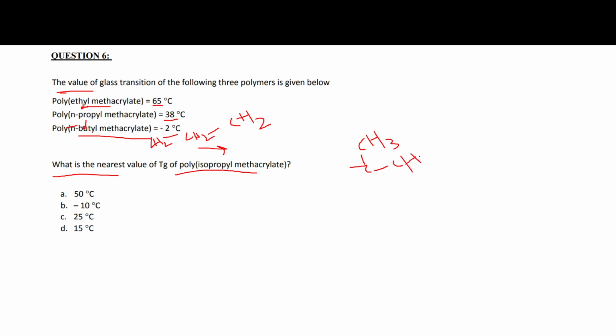When you're talking about the CH2, it is like this, and if you're talking about the polypropyl, there will be 3 CH2 present. But in isopropyl, what will happen is it will look like this.